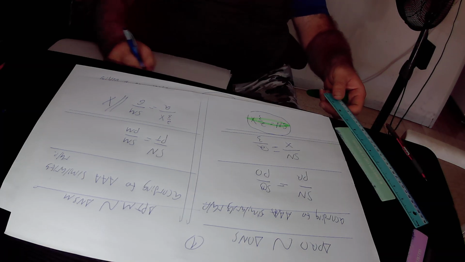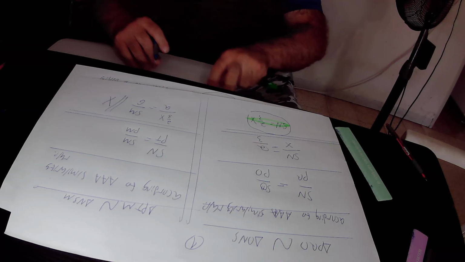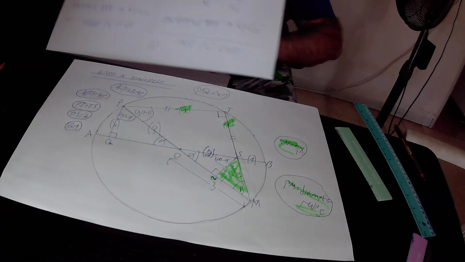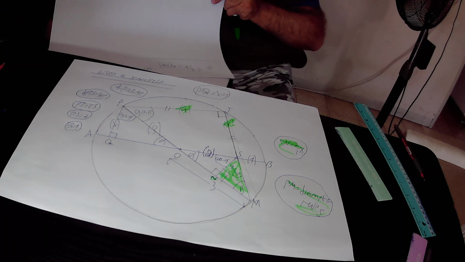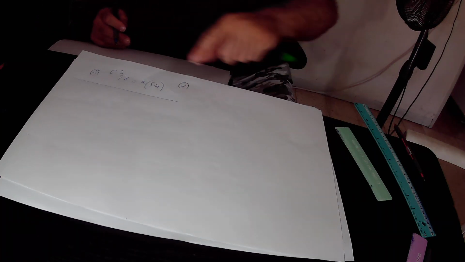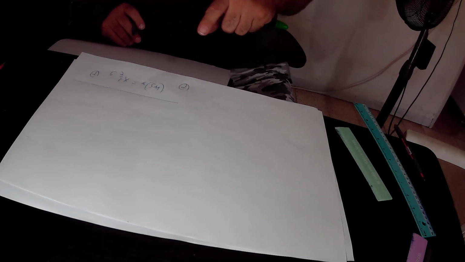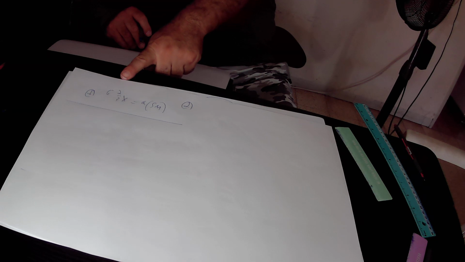After it was multiplied, we actually found out that 6 times 2/3 x equals A times SM. 6 over 3 is 2, and 2 times 2x is 4x.